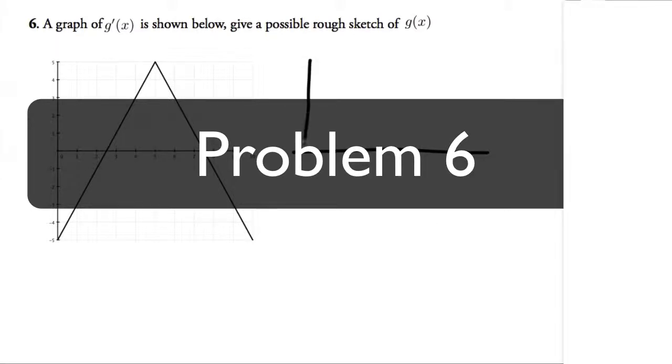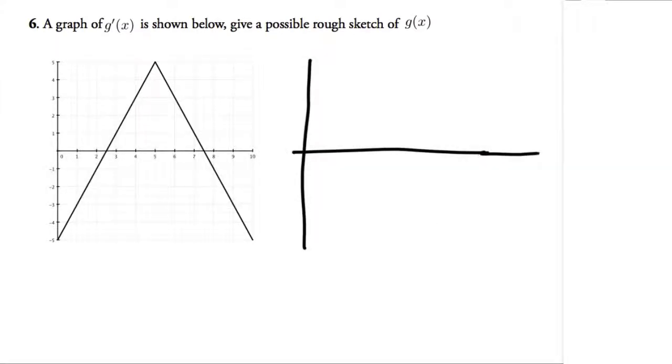Okay, so we're going to try to graph the antiderivative of this function. So let's break this down by section. So we're assuming that this is f prime of x, and this is, not f, g prime of x. That's the same thing, but okay, g prime of x, and then this is g of x.